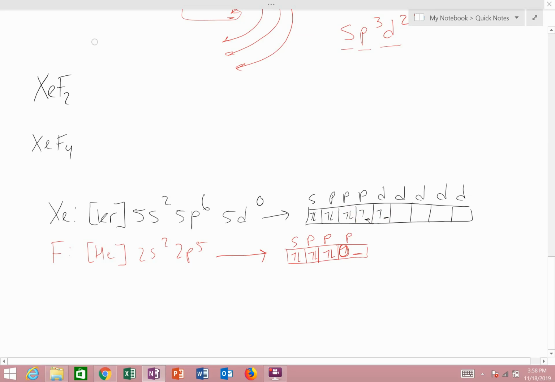So with this in mind, we can have another fluorine. Let me just rewrite all this quickly. And this is our hybridization with the S, P, P and P. And here's our electron that needs to be bonded with something else.